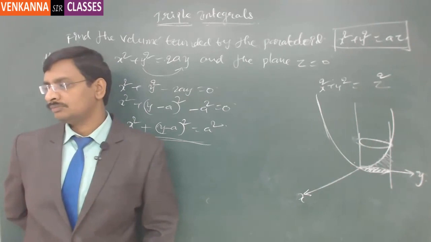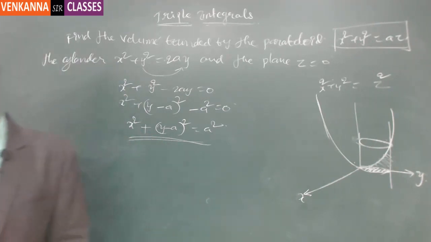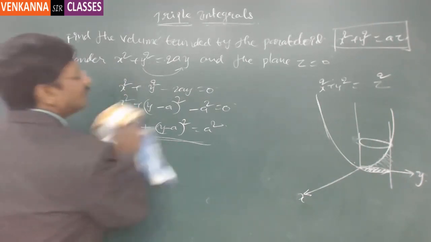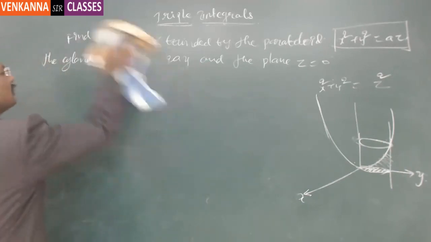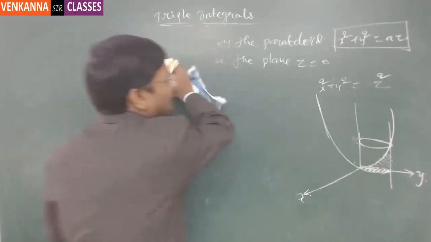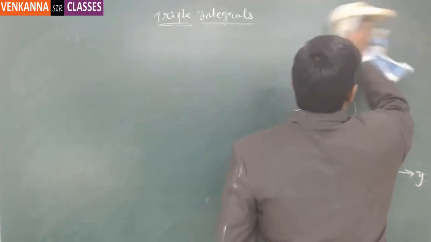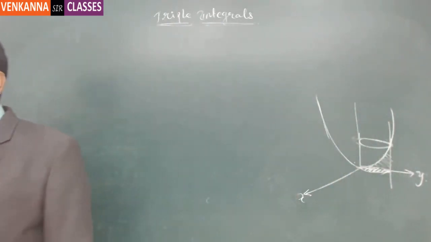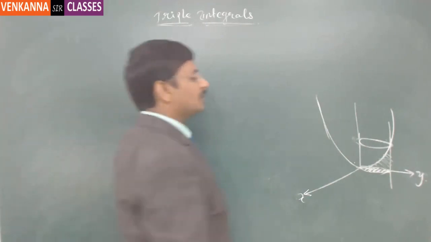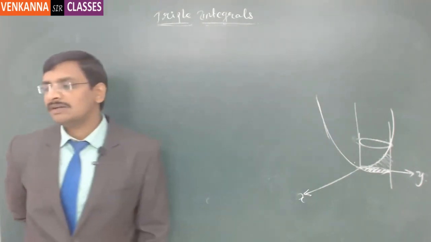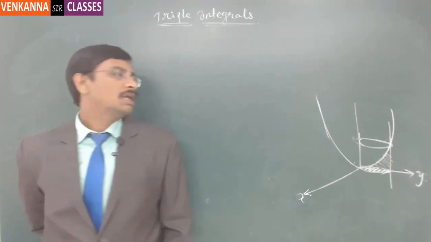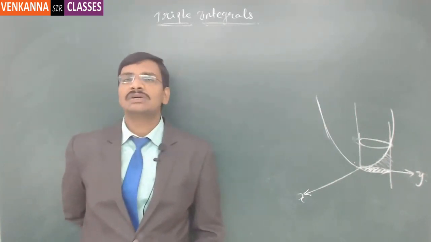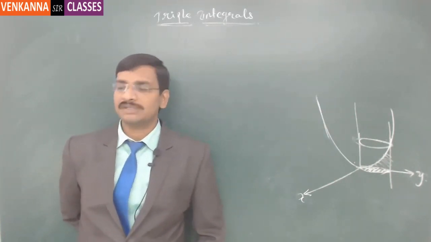Okay, great. Now once we identify those limits, you can use either the Cartesian, cylindrical or spherical coordinate system based on your convenience, and solve this volume, right? So we use the cylindrical coordinate system because, as I told you as a blind rule, if you notice cylinders, then try to use the cylindrical coordinate system for simplicity.